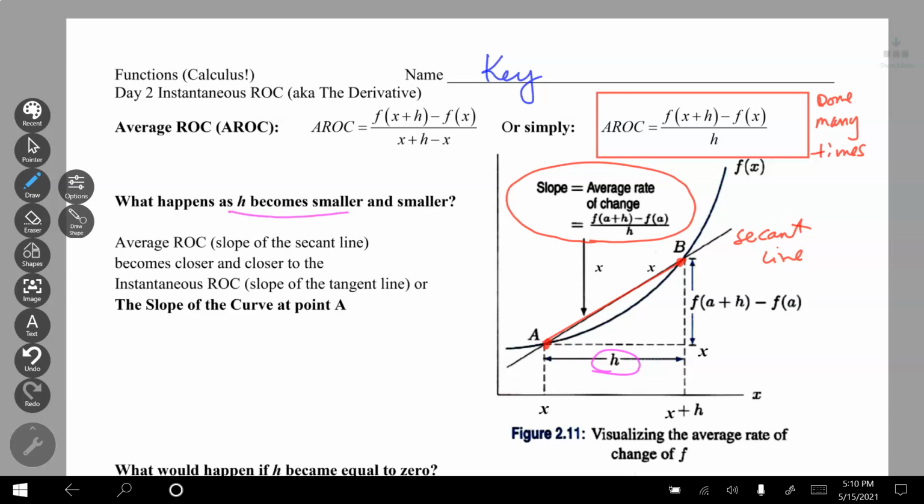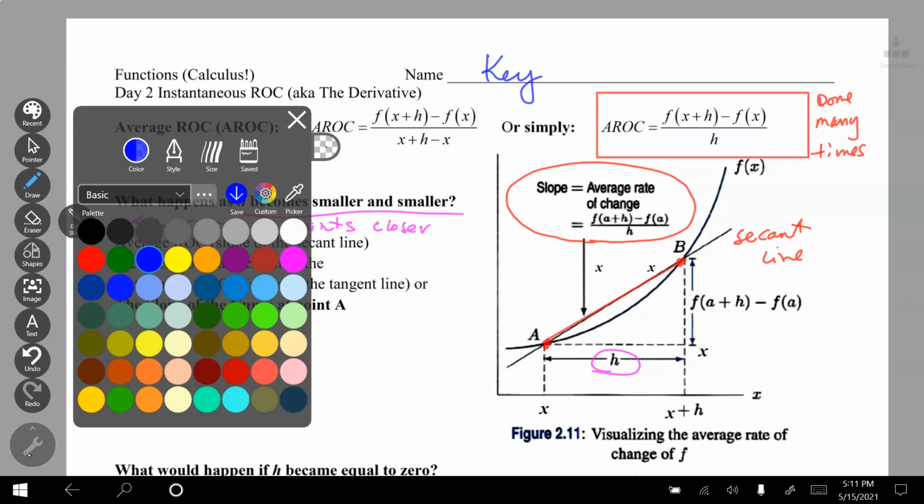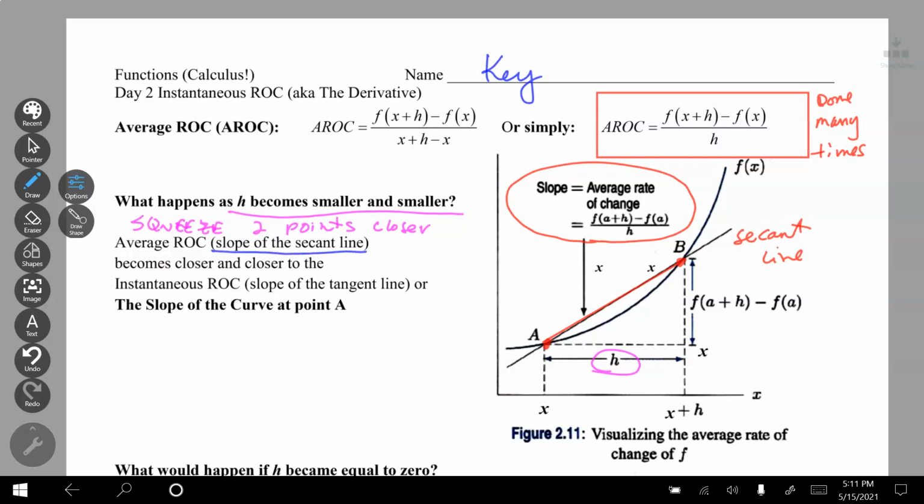and we want to see what happens as h becomes smaller and smaller, or as we squeeze the 2 points together. We get them closer and closer. So what happens is that the average rate of change, which is a secant line, gets closer and closer to the instantaneous rate of change, or we call it the slope of the tangent line.